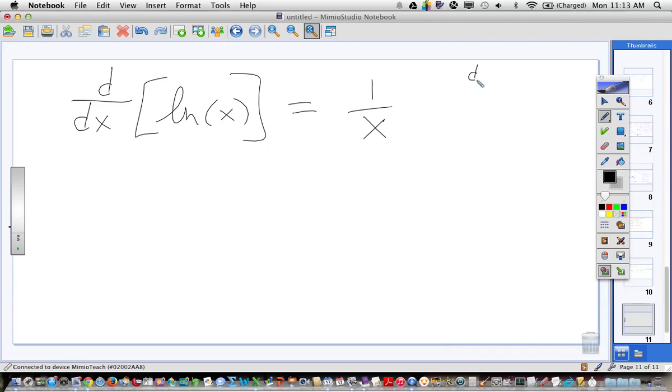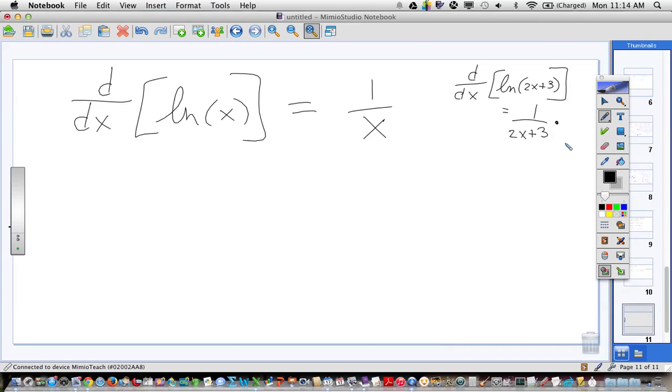So what would be the derivative of ln of 2x plus 3? It would be 1 over 2x plus 3 times, you got to kick out something. No, the 2.